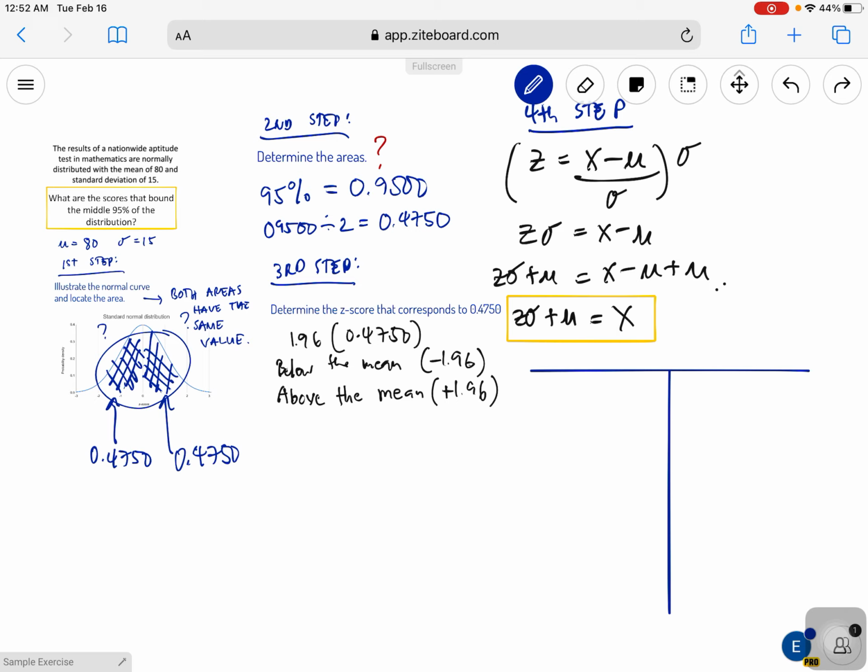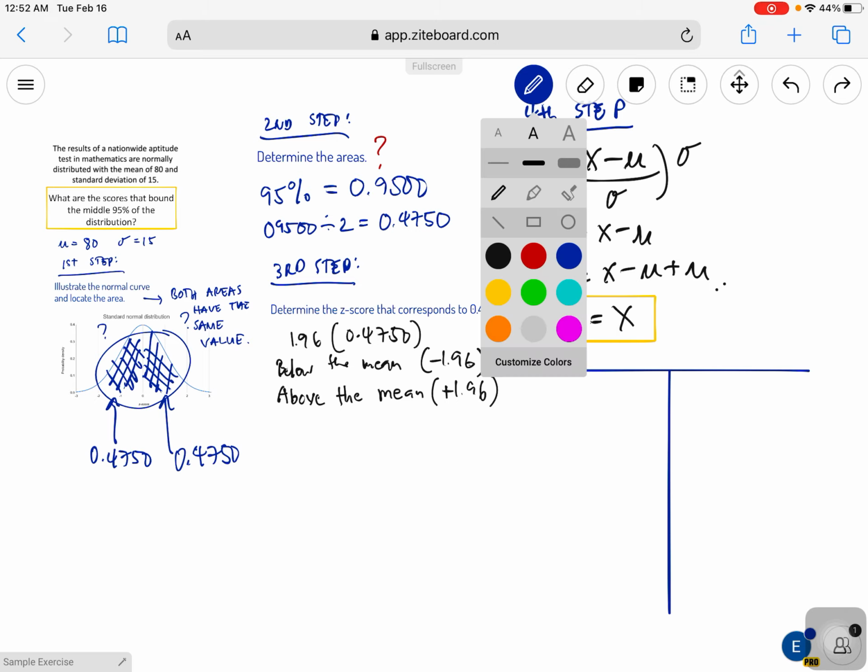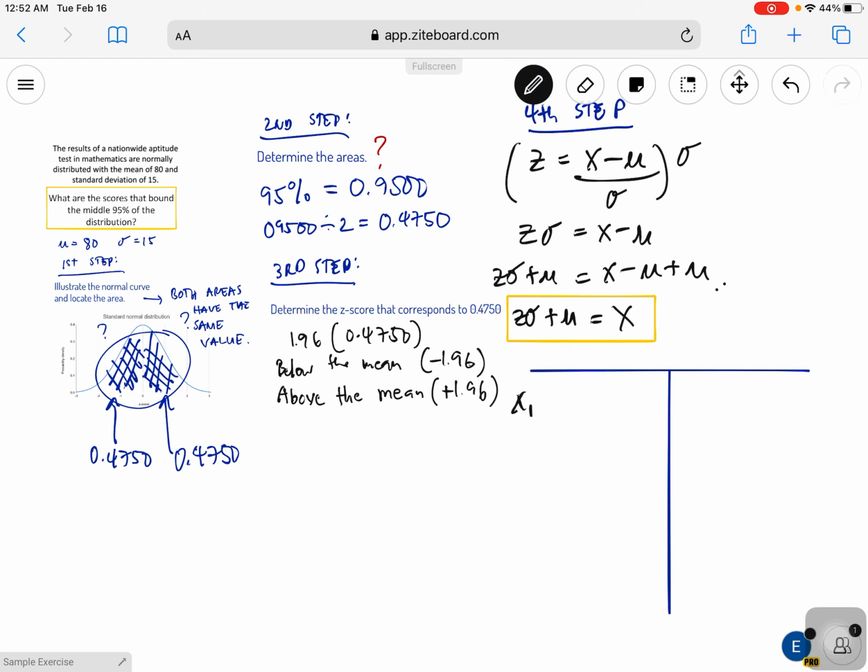Let's denote this as x sub 1. Okay, so x sub 1 is equal to z sub 1 times our sigma plus mu, and the raw score above the mean, let's denote it as x sub 2, is equal to z sub 2, the z-score that corresponds to our area above the mean, times sigma plus our mu.